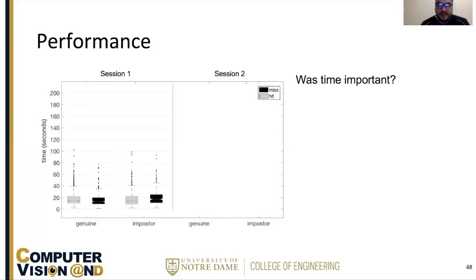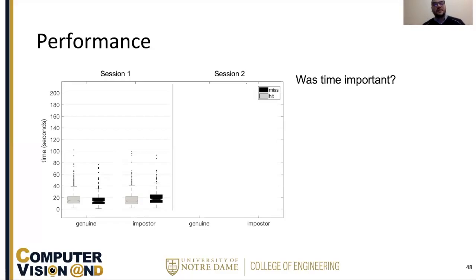And then last but not least, how do people perform in terms of time? This is a report of session times for each trial. You can see here for session one, when deciding on the trials, if you group them by genuine and imposter pairs, and also by hits or misses, so when people were wrong in black and when they were right in gray, you don't see a difference in the distributions of time.